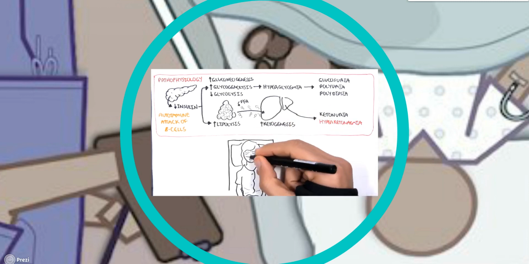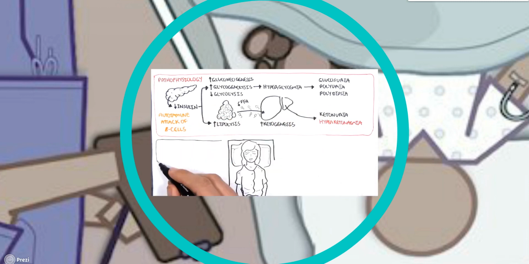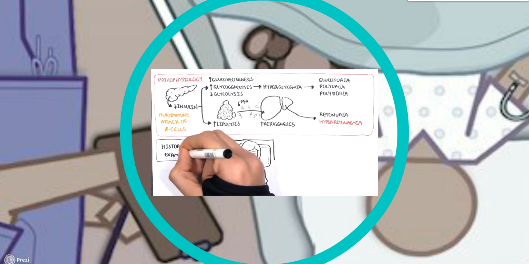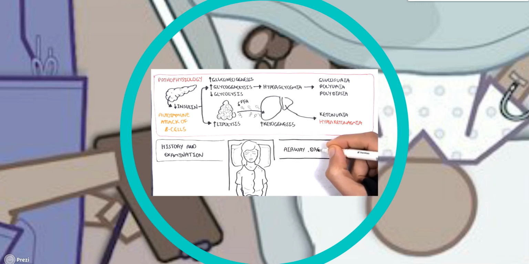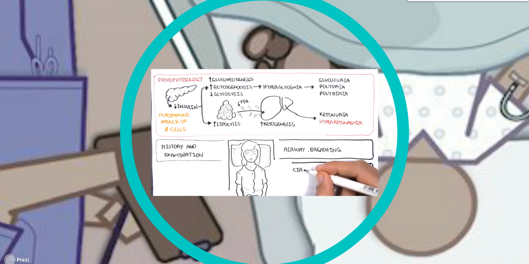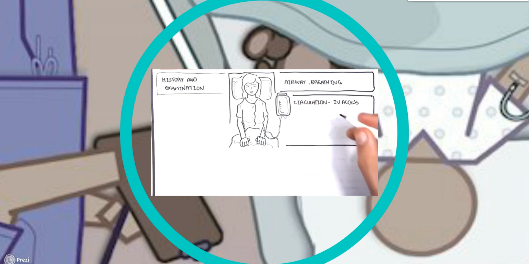So if a person presents with the signs and symptoms we spoke of, a thorough history and examination needs to be done, and appropriate management needs to be performed, which includes checking the airways, checking breathing, and circulation. In circulation, IV access is important for a few reasons. First, to get bloods for investigation.